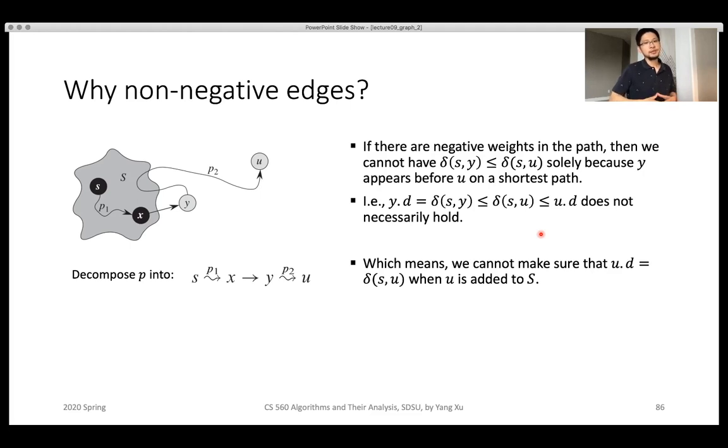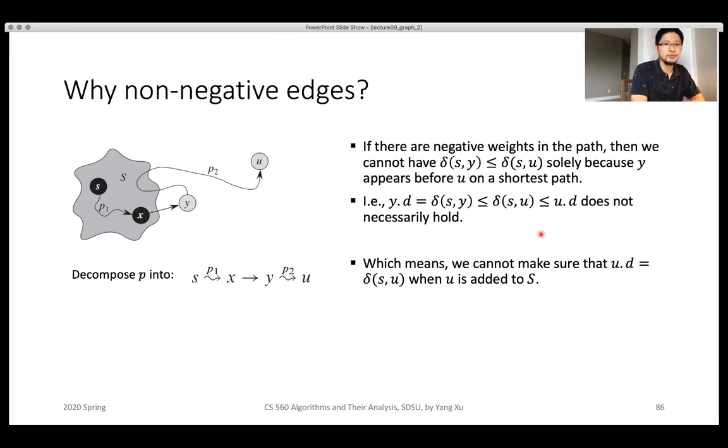So that means if we want Dijkstra's algorithm to work on the graph, we must require that all the edges be non-negative, okay? So that's about the correctness of Dijkstra's algorithm.